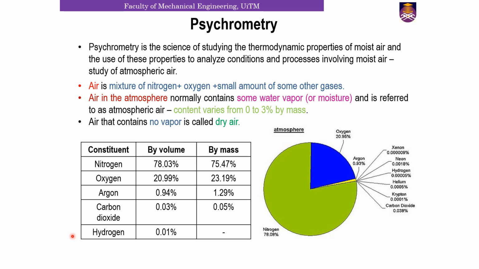And again, all these parameters are represented in a pie chart here. You can see that the major constituent of atmospheric air is nothing but nitrogen. Then you have about 21% of oxygen, and then less than 1% consists of argon, xenon, neon, hydrogen, helium, krypton, and carbon dioxide.